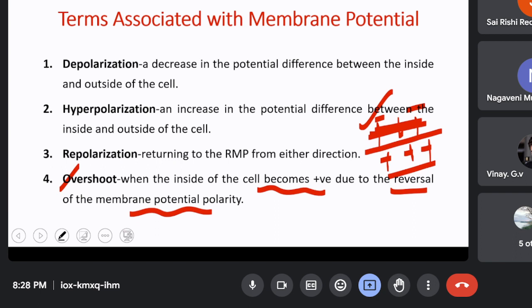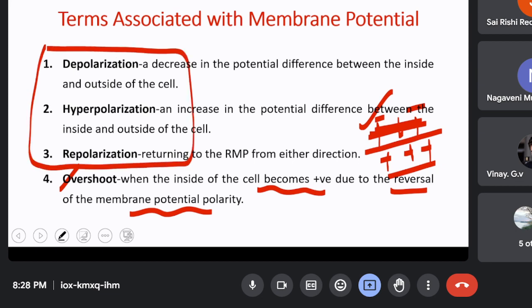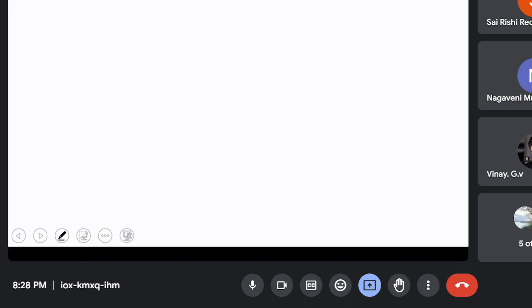So these are the main terms associated with this concept. And when we see the origin and propagation of the nerve impulse, you're going to get information about these three things. So let me explain this.